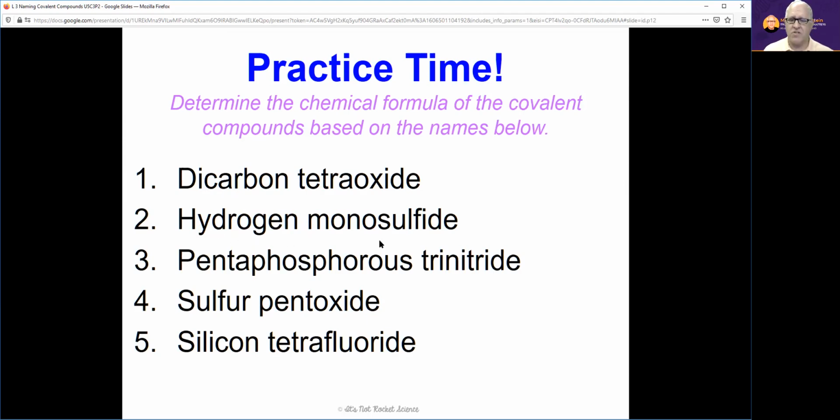Hydrogen monosulfide, pentaphosphorus trinitride, sulfur pentoxide, and silicon tetrafluoride. So put the video on pause now and determine the formula of these covalent compounds.